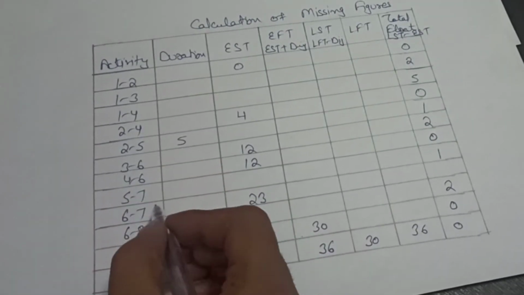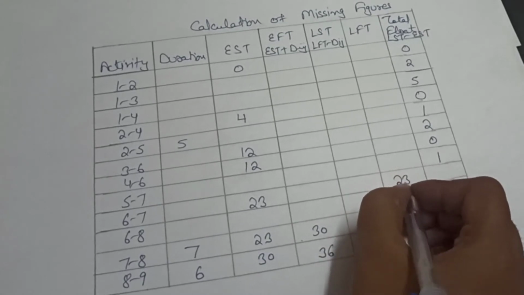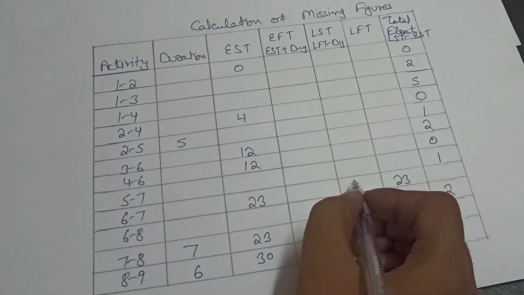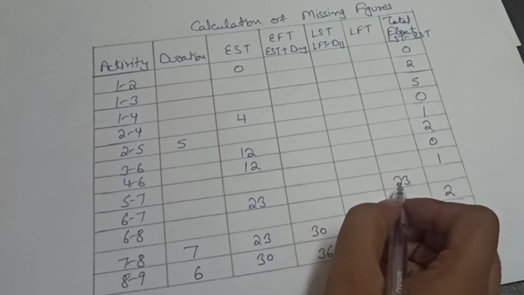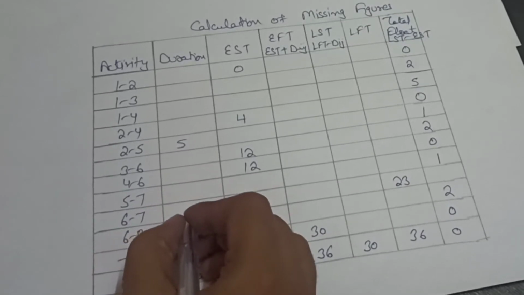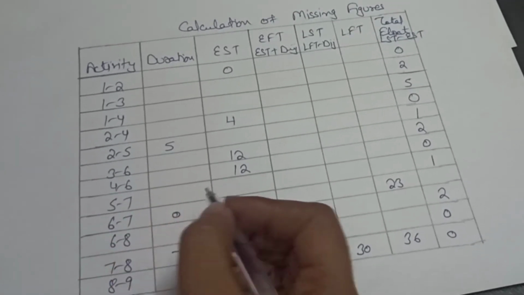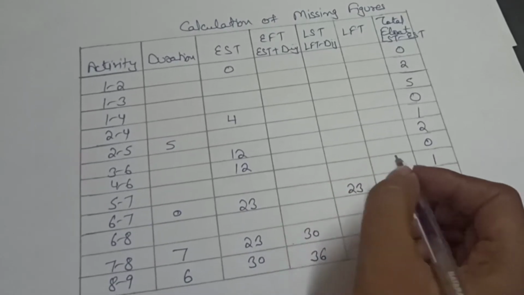For 6 to 7, the LFT value is 23. So we will write here the LST value. LST is equal to LFT minus duration. So the 6 to 7 activity is a dummy activity, so its duration is 0. So 23 minus 0 is equal to 23.